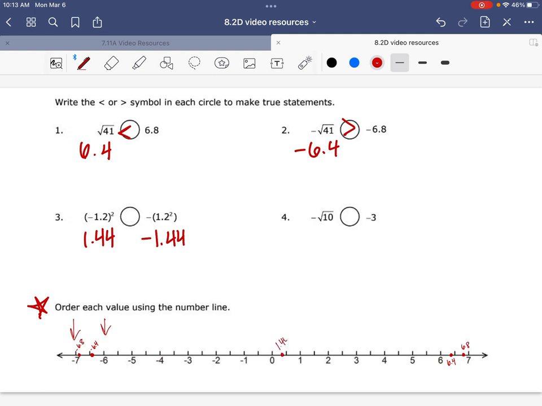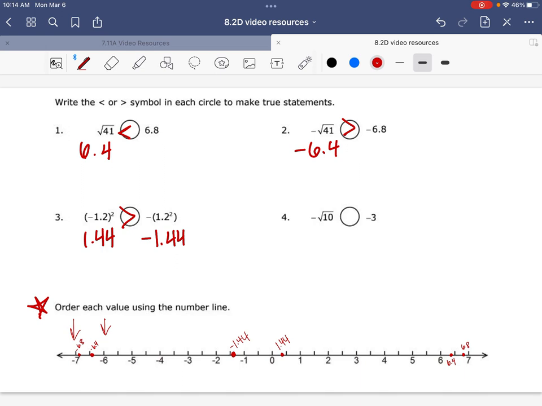And then negative 1.44, it's past negative 1, not quite to negative 2, but a little bit before negative 1.5. So I can see on my number line that positive 1.44 is greater than negative 1.44.